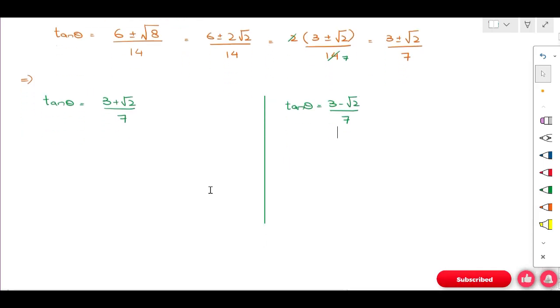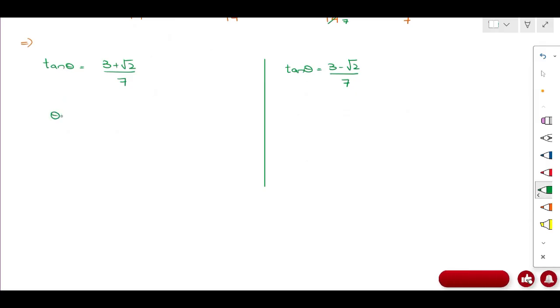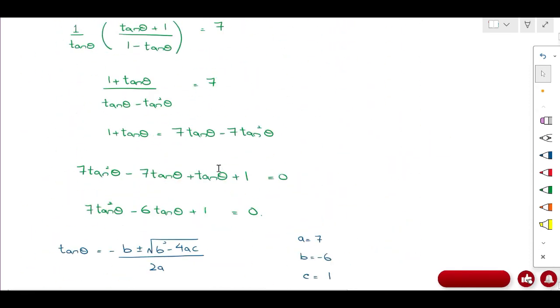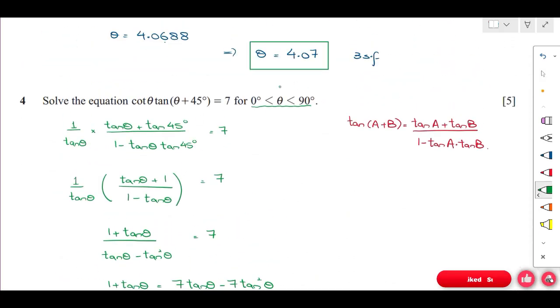Let me solve for theta. Here theta equals tangent inverse of 3 plus square root of 2 divided by 7, and keep in mind the domain is from 0 to 90 degrees. So 0 to 90 degrees is only the first quadrant.